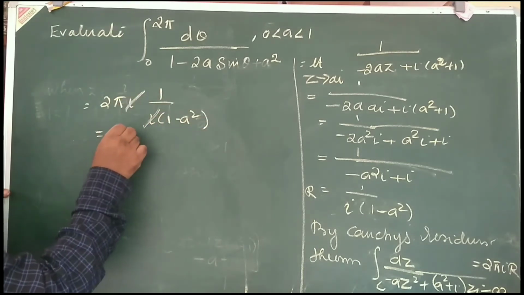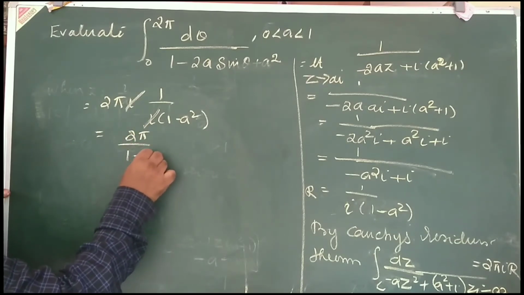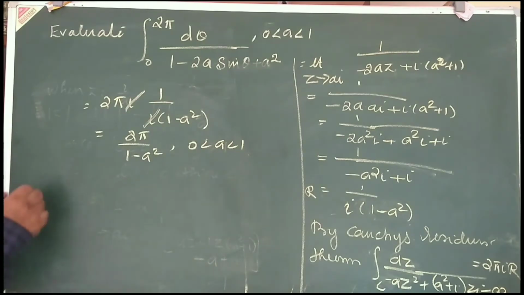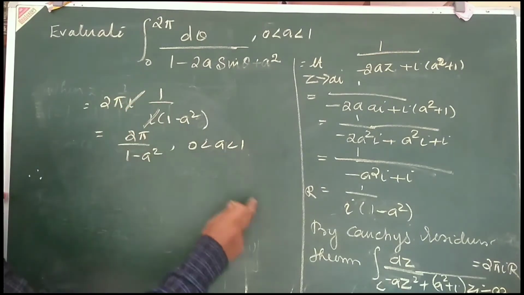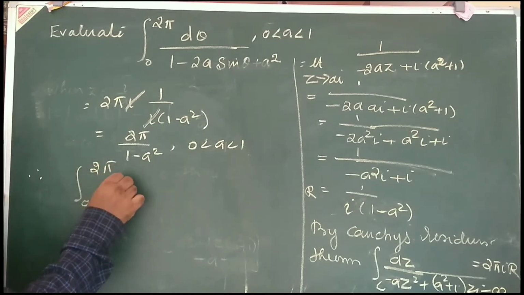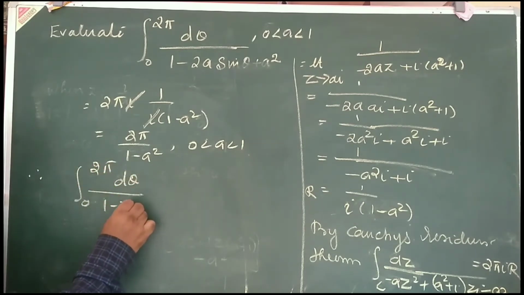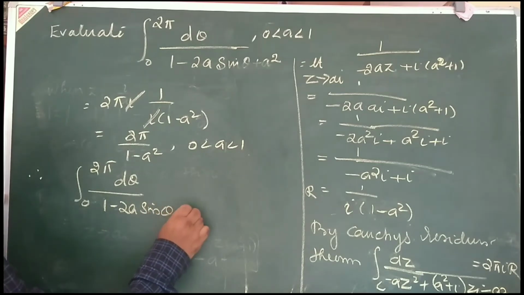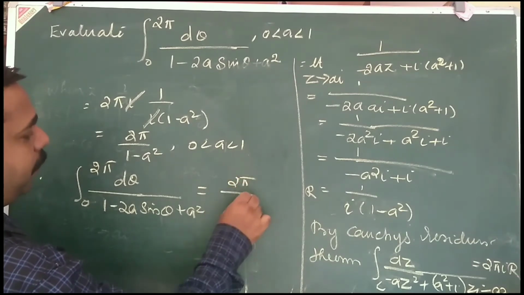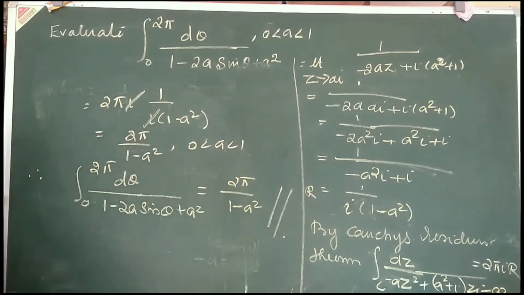This i cancels. So that is 2π by (1 − a²), for 0 less than a less than 1. Therefore, this original integral was converted to this equation. So these two equations are equal. So that is the integral from 0 to 2π dθ by (1 − 2a sin θ + a²) is equal to 2π divided by (1 − a²).